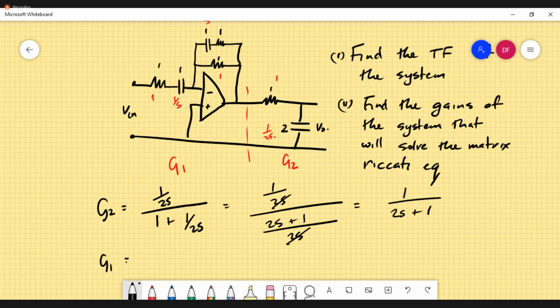G1: these two are in parallel. So it's 1 over s plus 1 in parallel with 1, divided by 1 plus 1 over s.